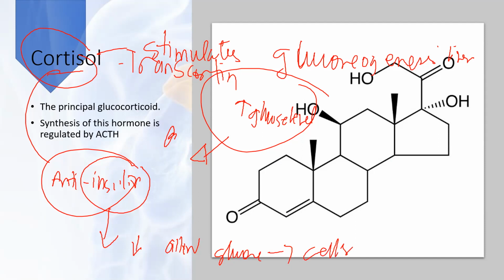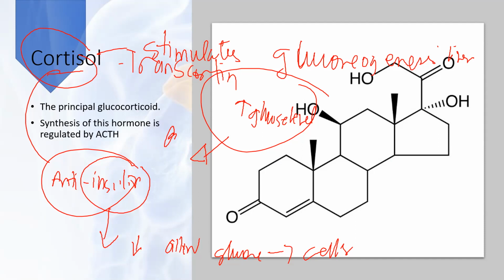And ito namang si cortisol, hindi na yun ina-allow. Pinatataas pa nga yung glucose level. So, ibig sabihin, cortisol has an antagonistic effect to our insulin.